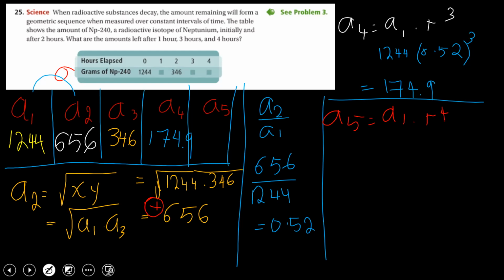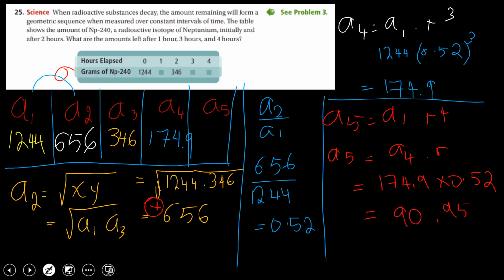Another way, I can say that a sub 5 is a sub 4 times r. Now a sub 4, which is 174.9, multiplying by 0.52, and the answer is 90.95. This will be now a sub 5.